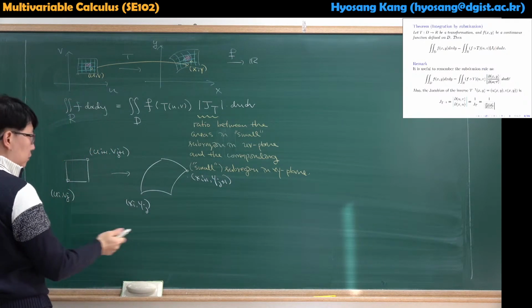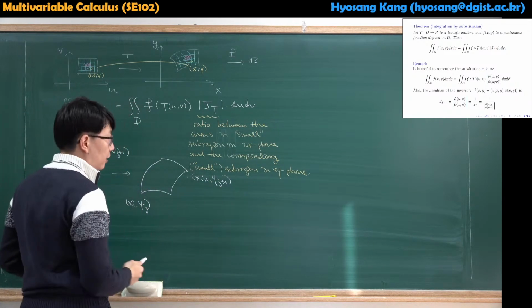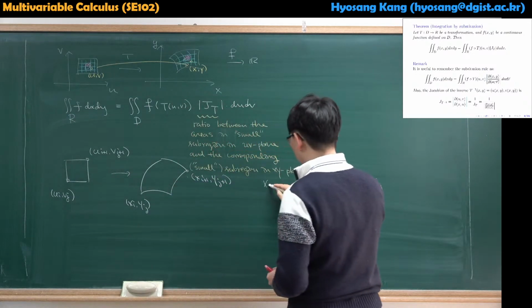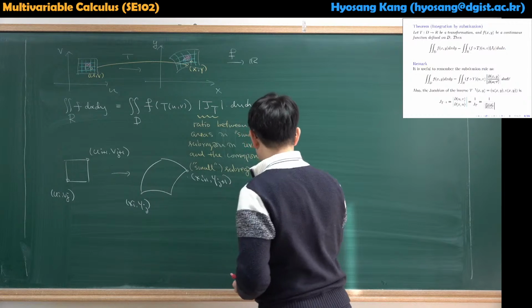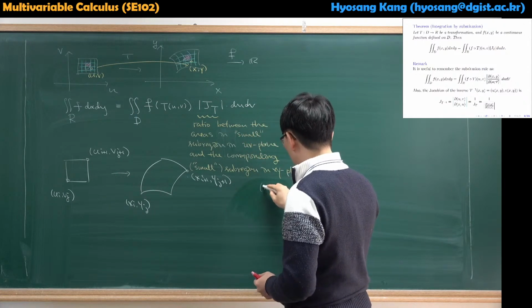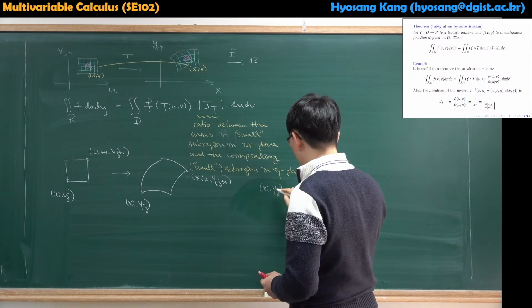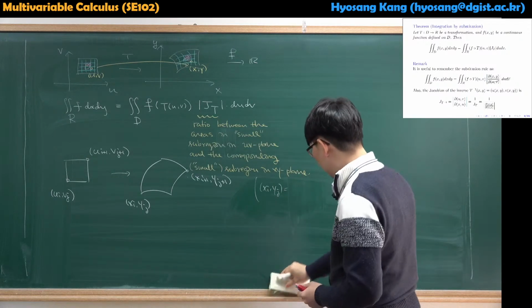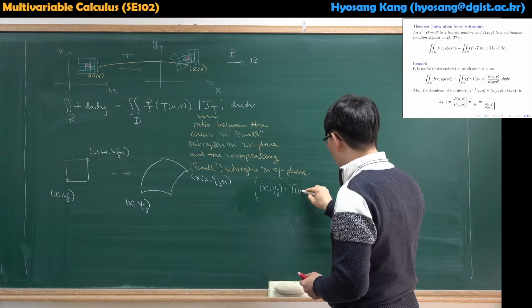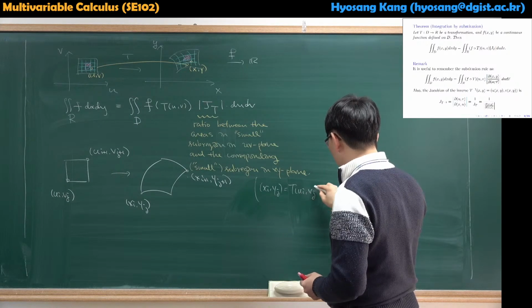So whenever I write my xi or yj, this is nothing but the coordinate of this transformation T at ui and vj, okay?